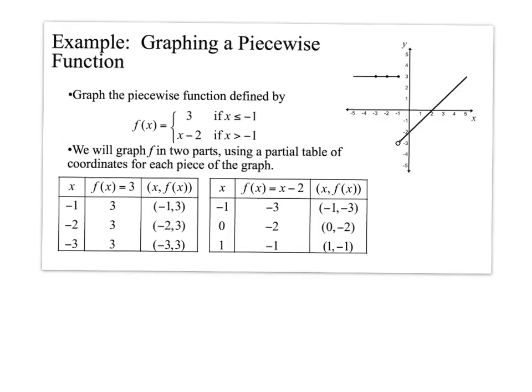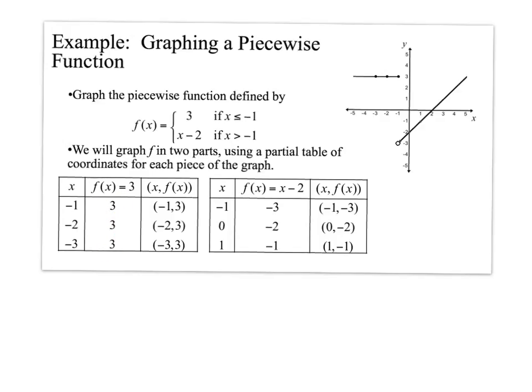Remember, we always set our x values because that is the independent variable. Looking at the first one, when x is less than or equal to -1, I'm going to set -1 up and then do some numbers below that, so -2 and -3. The equation I'm going to use is the first equation, f of x is equal to 3, because that's the equation when my x values lie within this domain, and they all happen to be equal to 3.